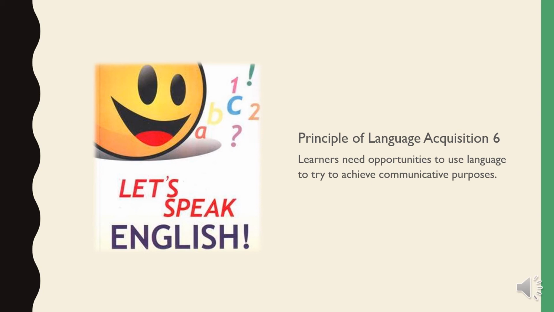In this principle, you have to provide many opportunities for the learners to produce language in order to achieve intended outcomes and design output activities so that they help learners to develop their ability to communicate fluently, accurately, and effectively.